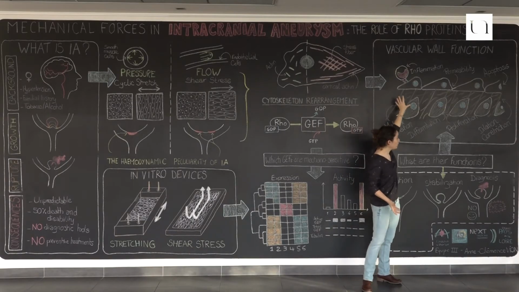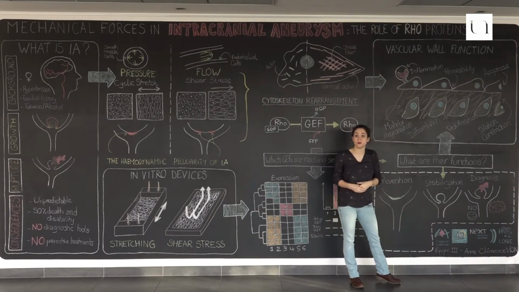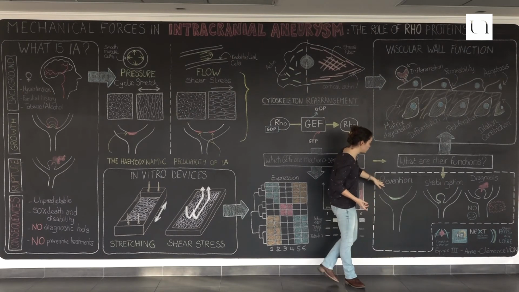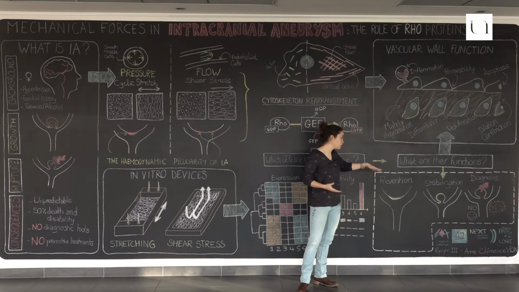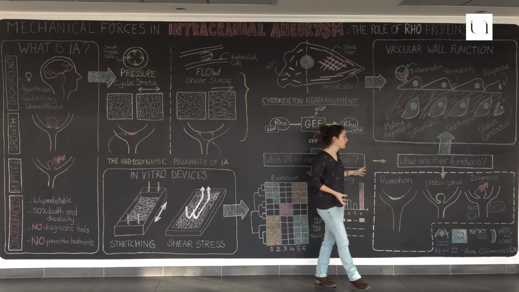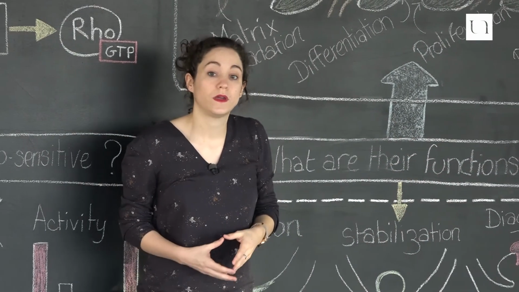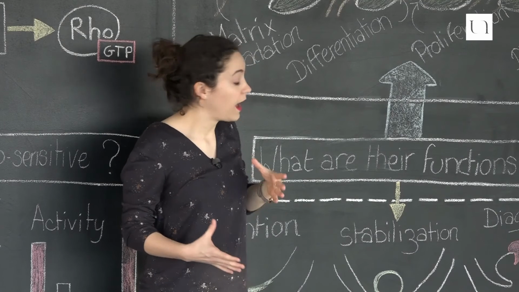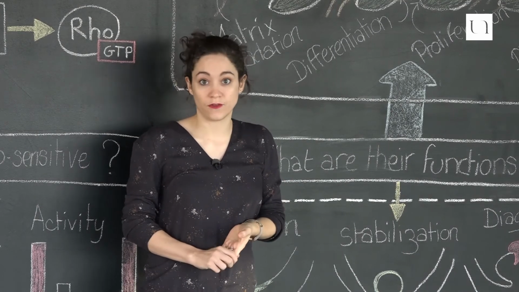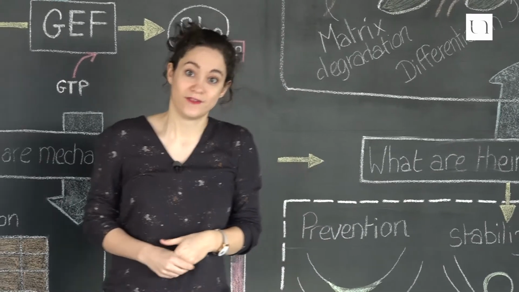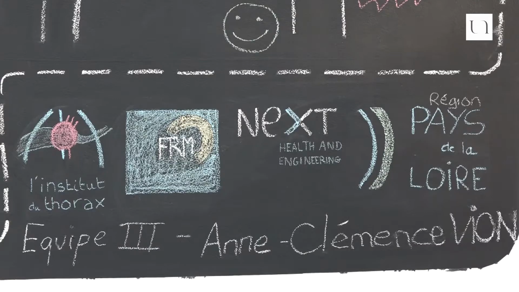Once we know exactly what these GEFs are doing within our cerebral vasculature, we hope to be able to design tools to prevent or to stabilize the formation of intracranial aneurysm, but also to design new diagnostic tools that will help the clinicians to know if one aneurysm is at risk of rupture or not, and therefore improve the management of patients. Thank you.